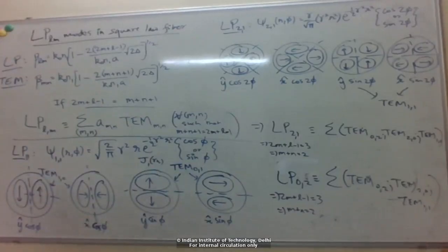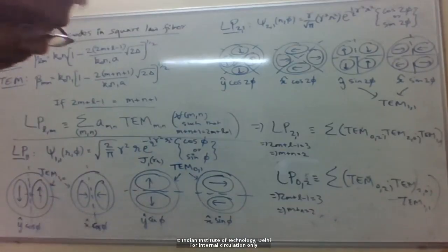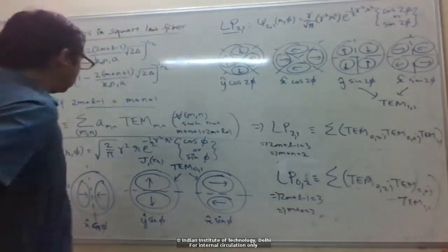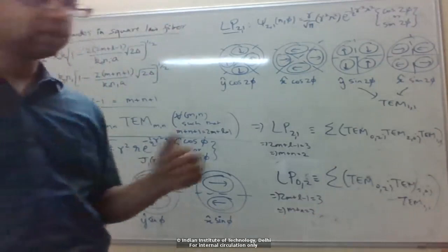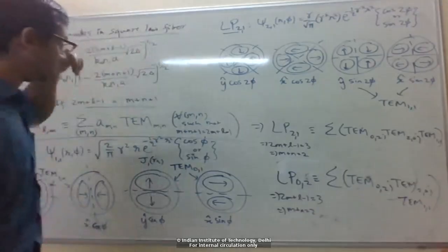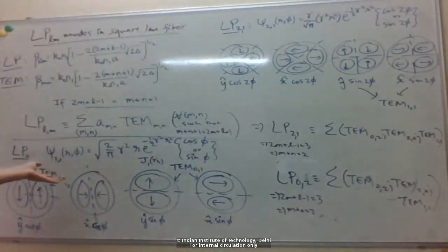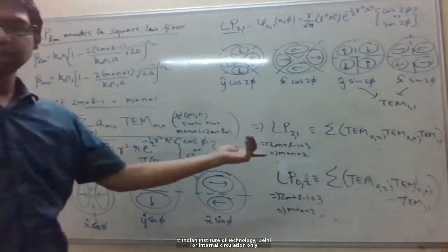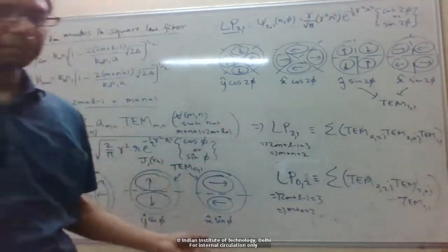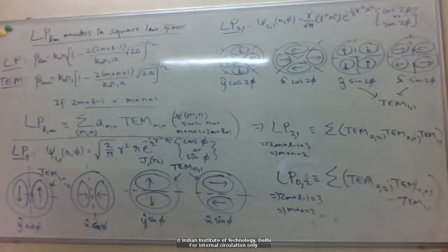So even in the case of the step index profile, the LP modes are superpositions of TEM modes only. Recall in the step index fiber, we couldn't actually solve for TEM modes. In this case, specifically for the square law profile, we were able to write it in Cartesian coordinates and then solve using separation of variables, so we were able to get these TEM modes. But in the step index fiber, we couldn't do that.